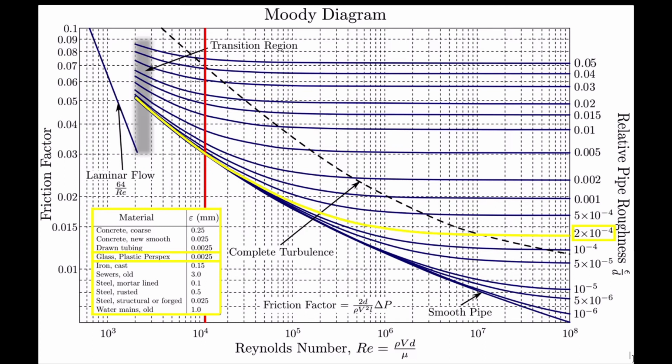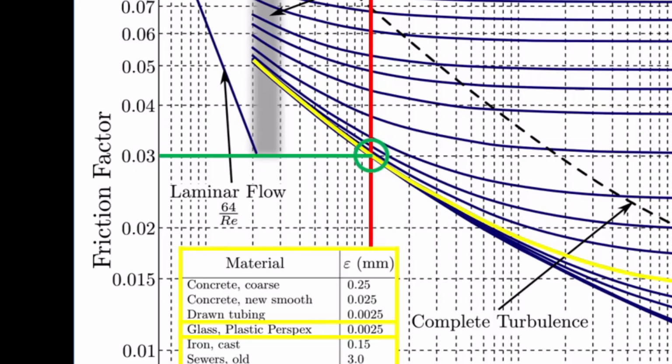We're now just looking for the point where our Reynolds number line crosses our pipe's roughness line, and at this point where the two lines cross, we're going to draw one final horizontal line that intercepts the y-axis, and this will give us our friction factor. Here we can see the friction factor is 0.03.